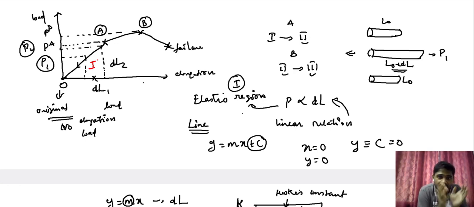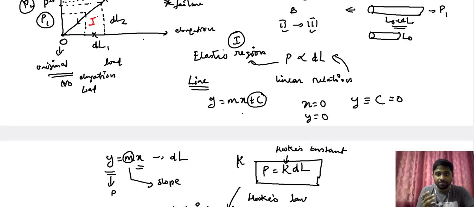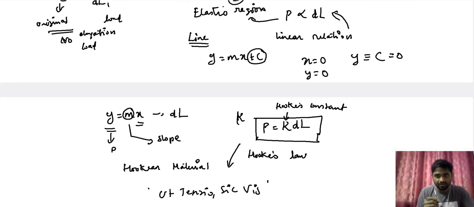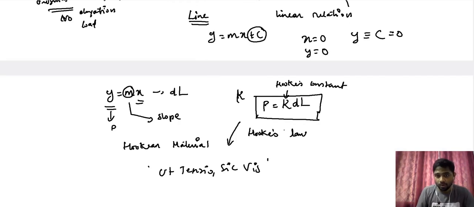In the first trend, there is a linear relationship. That means the first section of the curve is a straight line, and from the expression for the straight line we were able to arrive at Hooke's law and the Hooke's constant, which is also referred to as the stiffness.